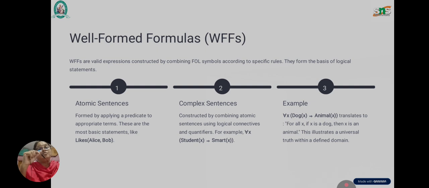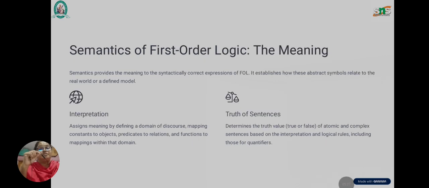By using these WFFs, that is well-formed formulas, we can also form the basis of logical statements using atomic sentences and complex sentences, and we can also apply these in real world examples too.